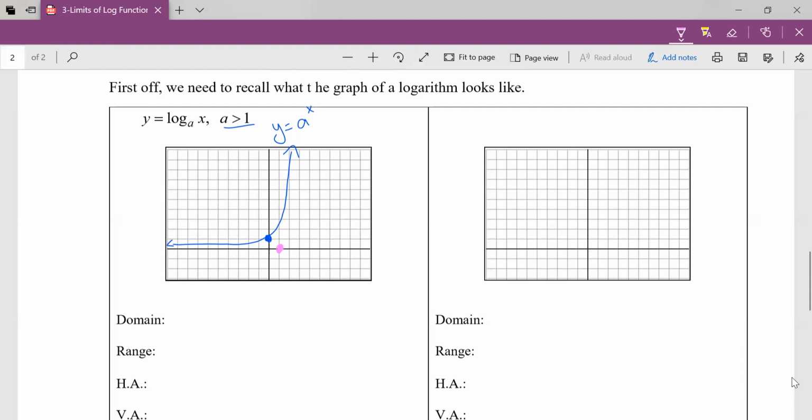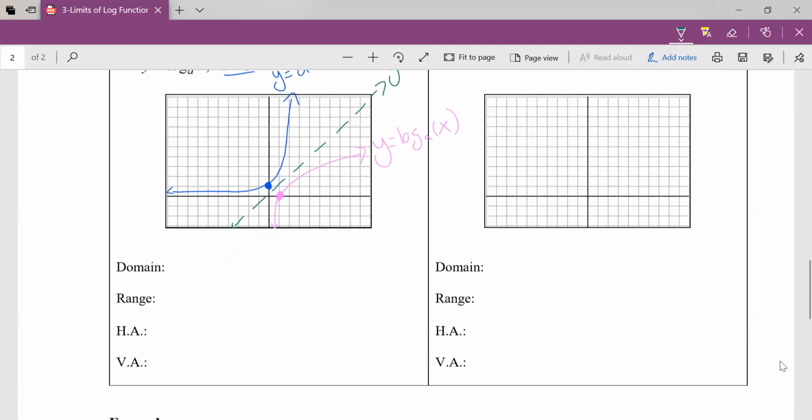Our horizontal asymptote will become our vertical asymptote, and there is roughly our log graph right there. Sometimes teachers talk about it as a diagonal reflection, because it's being reflected around the line y is equal to x. The reason I want to do that is that if I know one function, I know both.